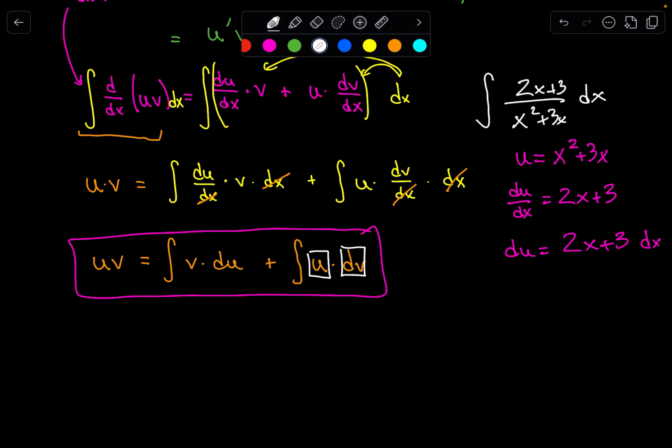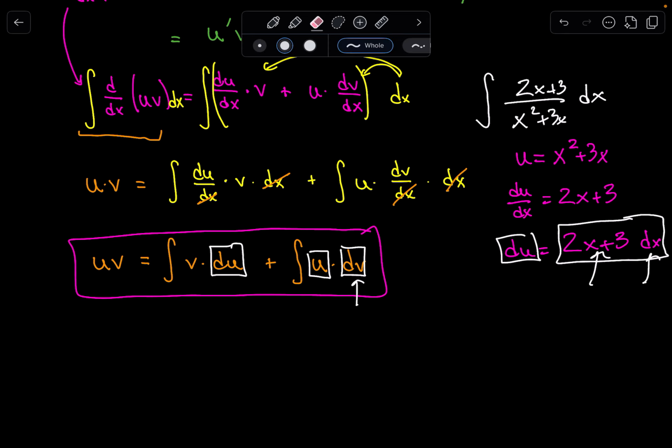So du itself is like a function multiplied by a dx. So this du is equal to some function multiplied by a dx. Same thing with this dv over here. It's going to be equal to some function times a dx.